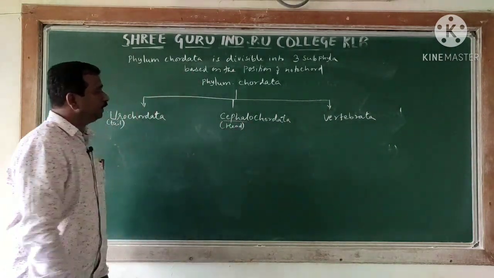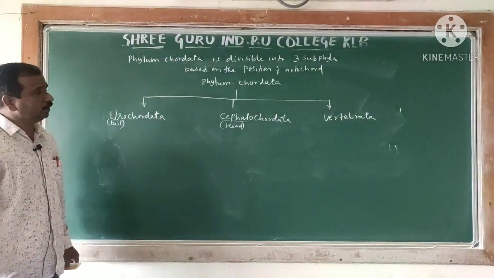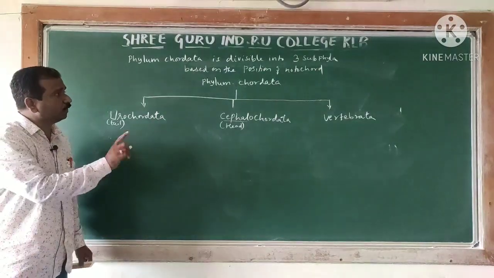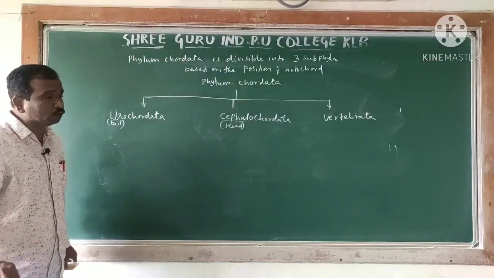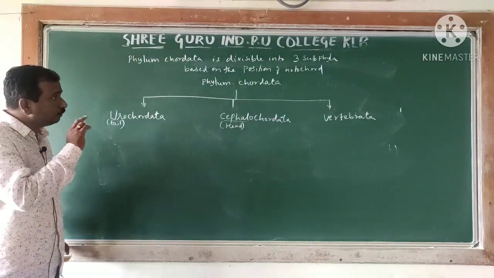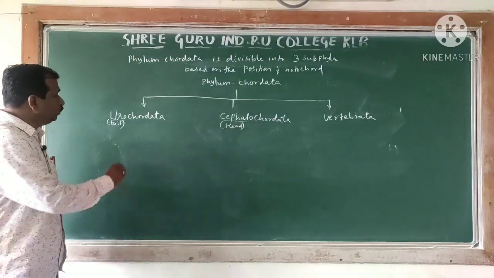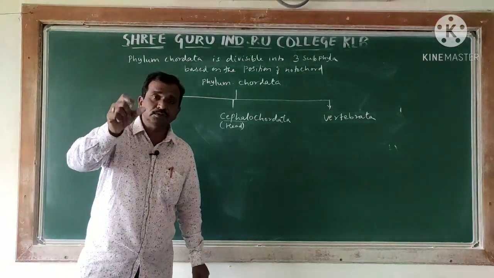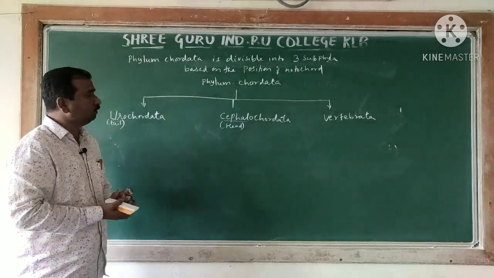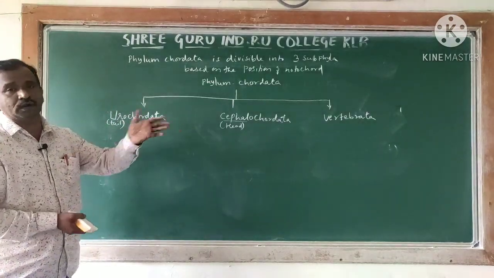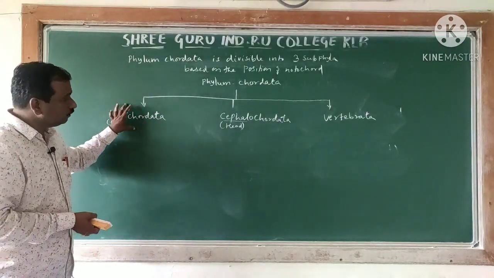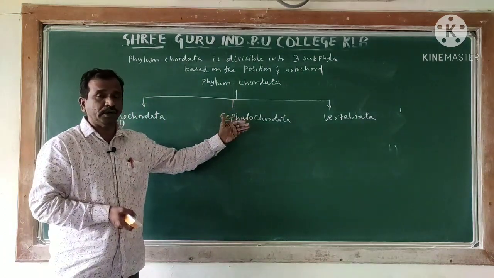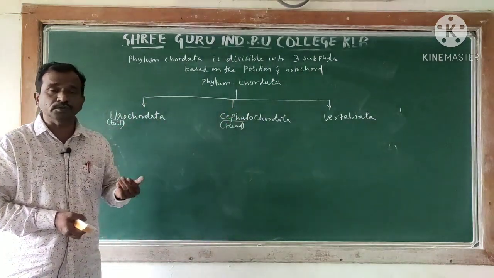So here we have to see that phylum chordata is divisible into 3 subphyla based on the position of the notochord, as I told you. Based on the position of the notochord: Urochordata, Cephalochordata. These Urochordata and Cephalochordata are specifically called protochordates. Why are we calling them protochordates?